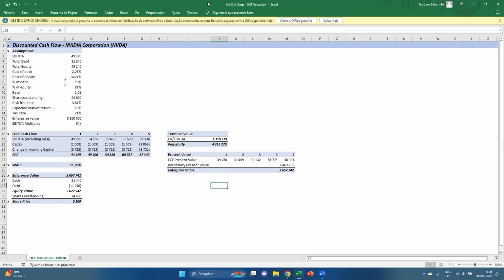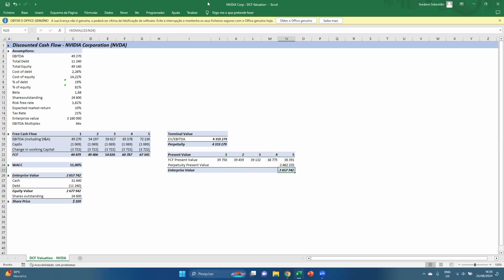Then we are going to calculate the enterprise value, which is the sum of all these values: all the free cash flow present values plus the perpetuity present value.